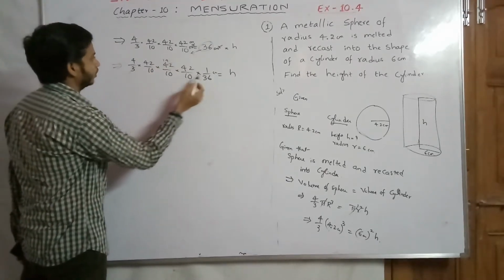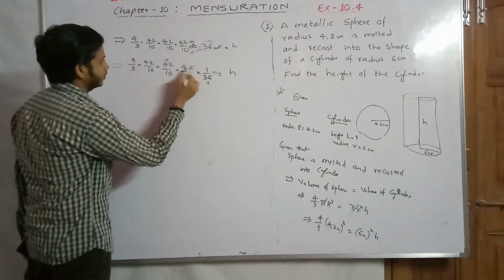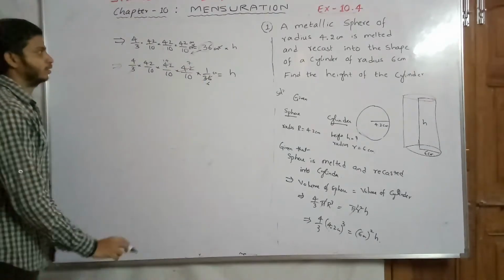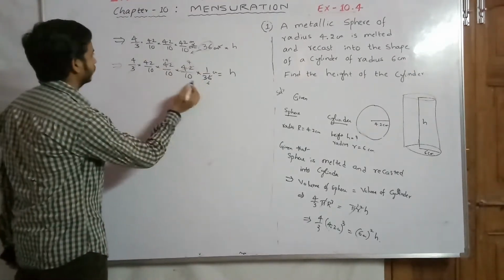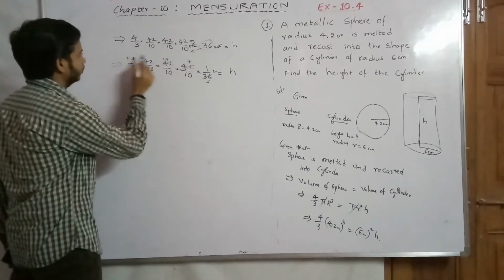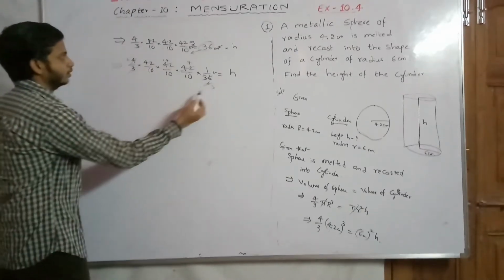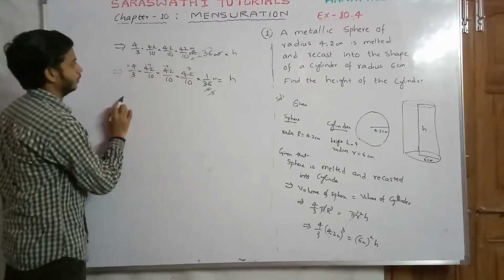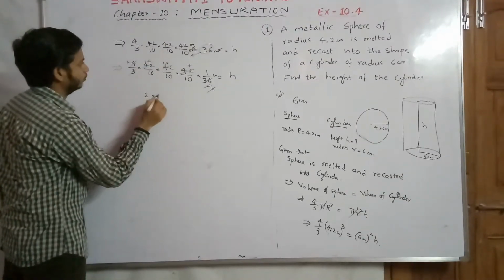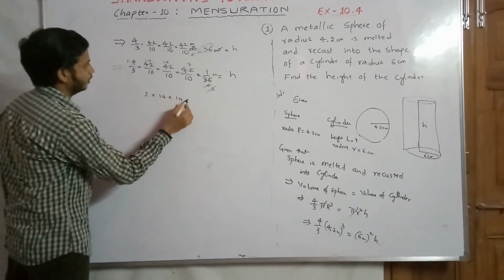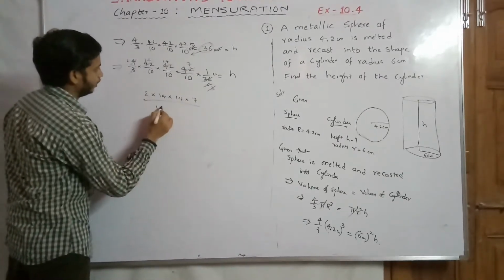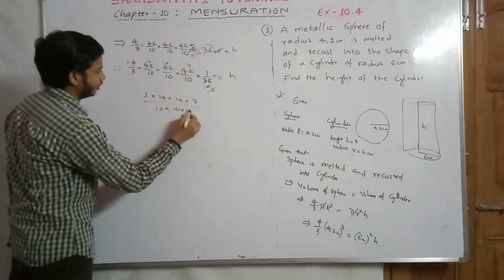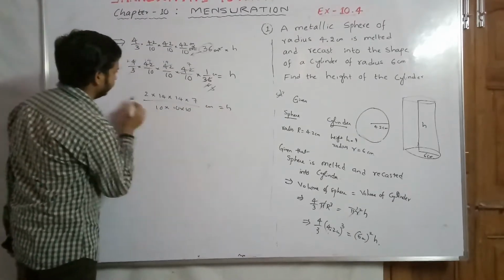Similarly 6 sixes are 36, 6 sevens are 42. Simplifying, we get 2 into 14 into 14 into 7 by 10 into 10 into 10 centimeters equals h.